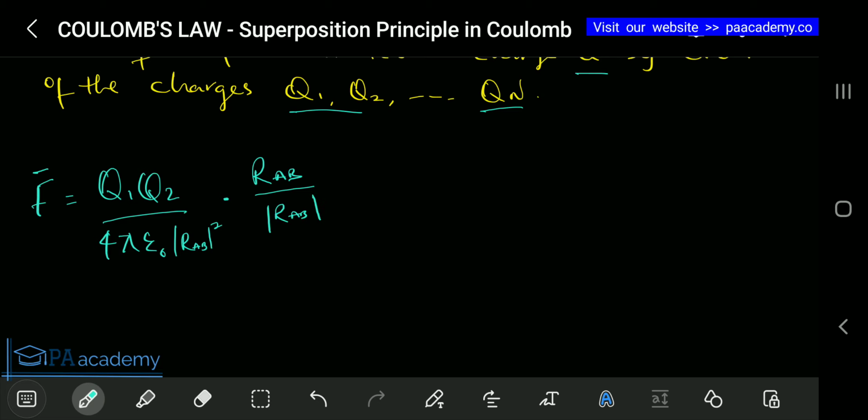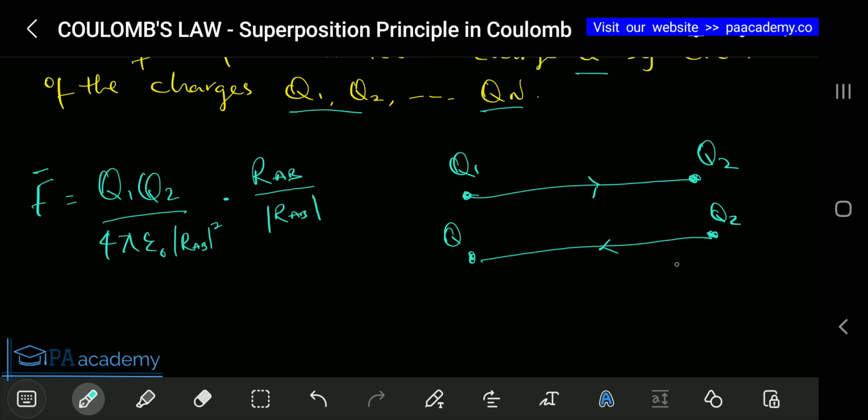Now this is when you have exactly two charges, Q1 and Q2, and maybe Q1 is acting upon Q2, or maybe Q2 is acting upon Q1, exactly.